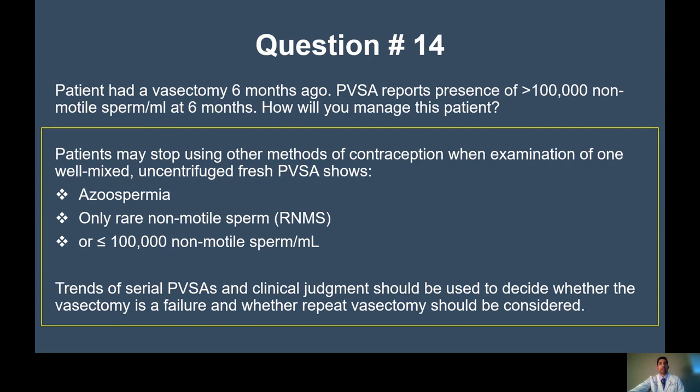So in this situation, the patient has over 100,000 non-motile sperm. So the next step would be to repeat the post-vasectomy semen analysis in 1 month. And once again, looking at trends of serial post-vasectomy semen analysis and clinical judgment should be used to decide whether the vasectomy is a failure and whether or not repeat vasectomy should be considered.